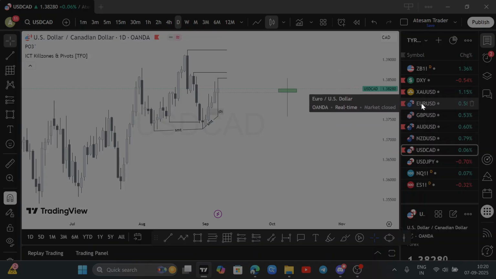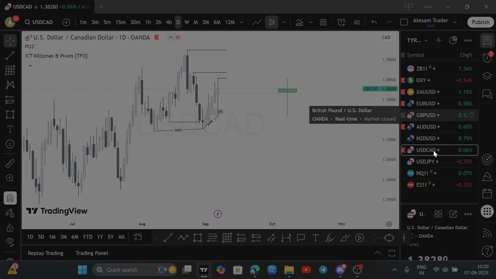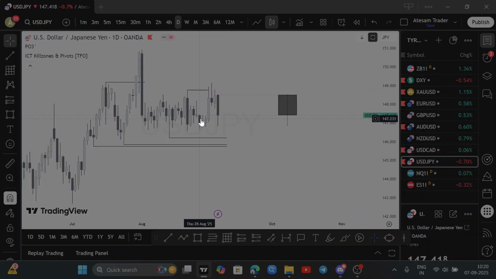We can't expect Euro USD and those who have the USD last to go up while those who have the USD first also go up; they will go down. These are inversely correlated, so there is a conflicting bias on these two. We will see how it develops throughout the days. But we will keep our eyes on USD CAD and USD JPY also, because we are looking for short price action. So these pairs are on my watch list for the coming weeks.